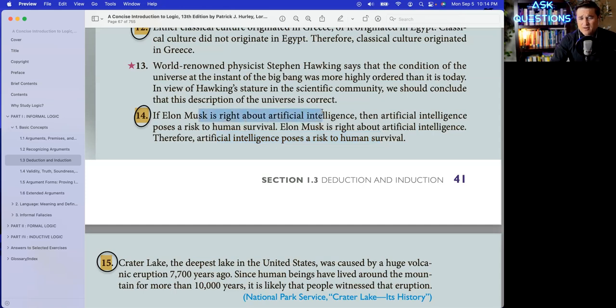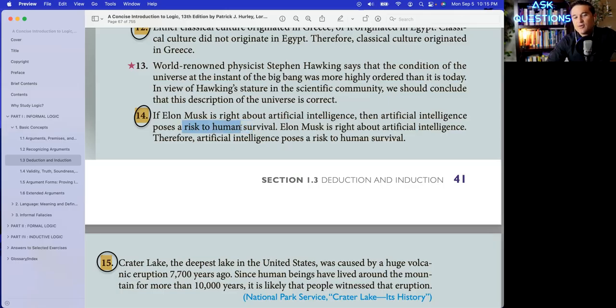Is Musk right about artificial intelligence? That's a hard question to answer, right? That's kind of a question about the future. It's an empirical question, at least to a certain extent. And there's some vagueness here, what exactly, how much of a risk, like it'll annihilate us all, like the Matrix AI or Terminators.